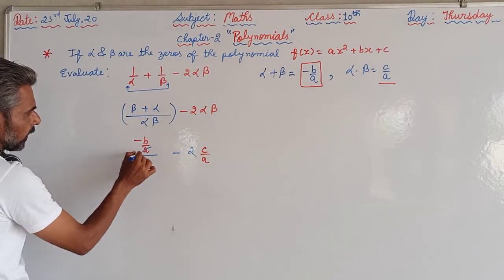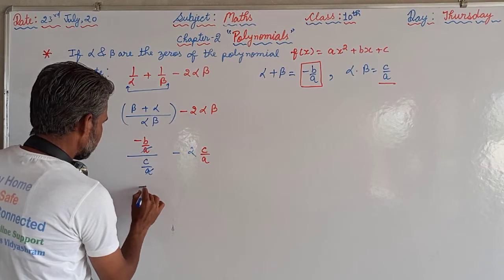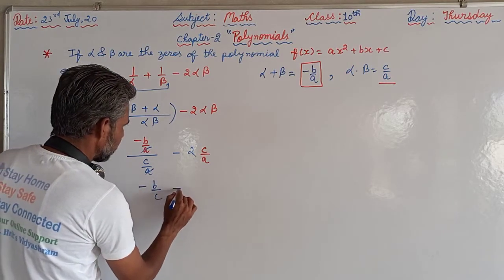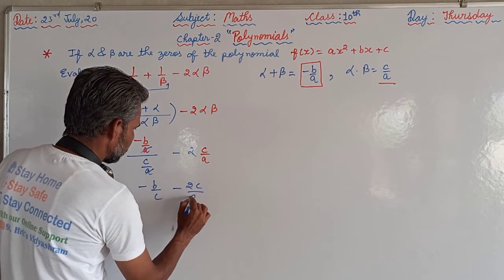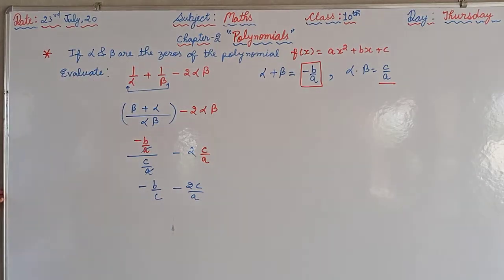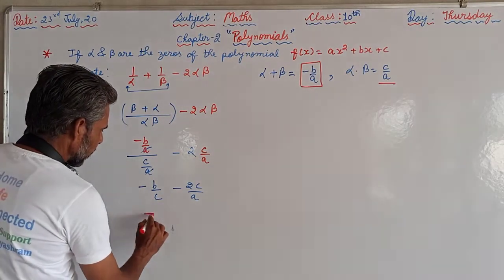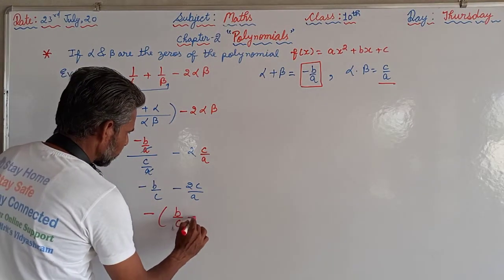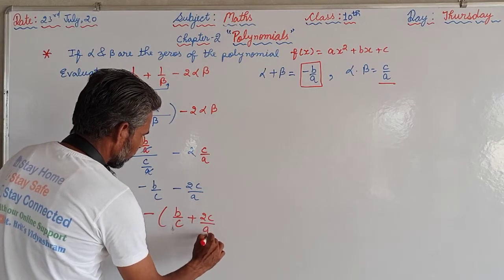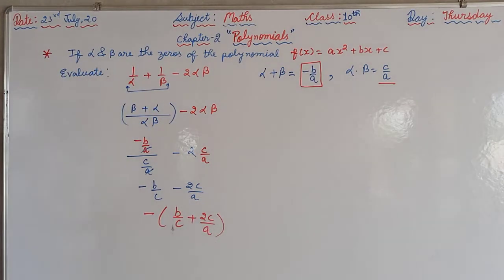From here a cancels out a, so here it is minus b upon c minus 2c upon a. We can solve that further, or leave it here only. Taking minus common, b upon c plus 2c upon a will be our answer.